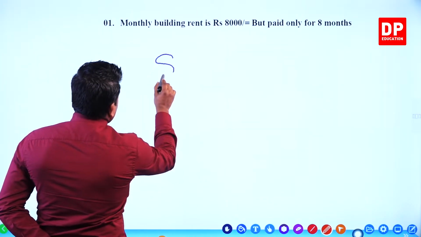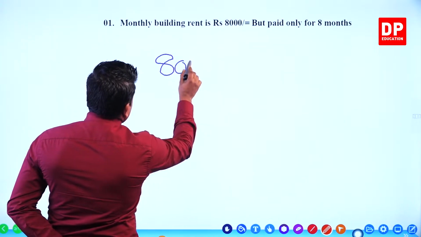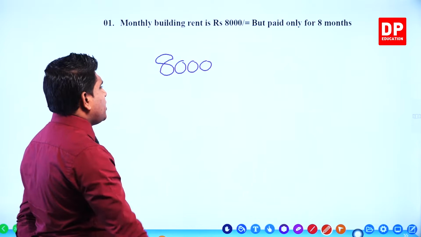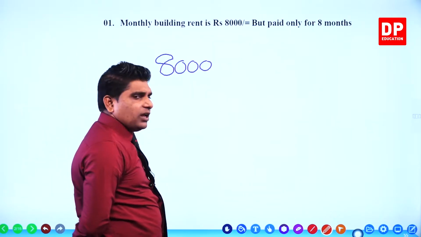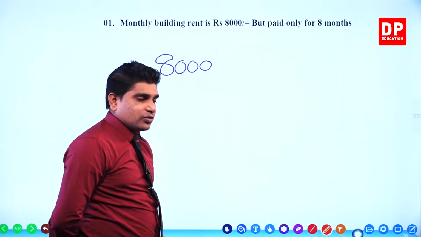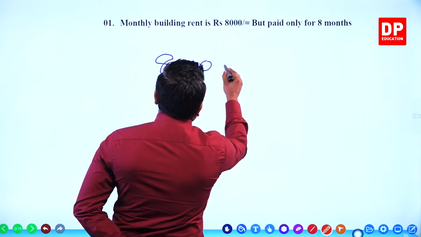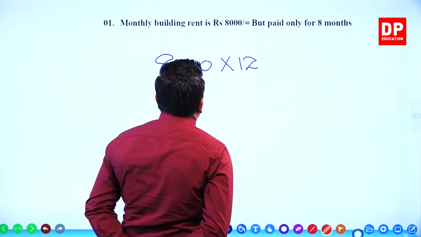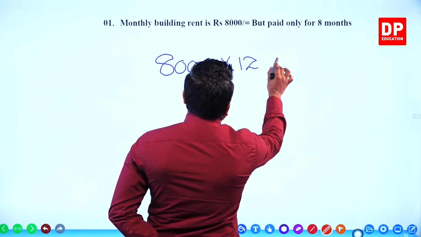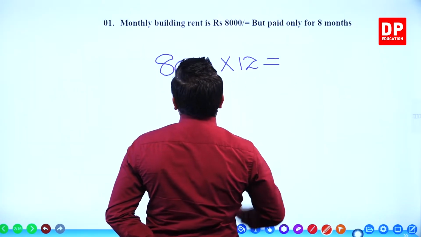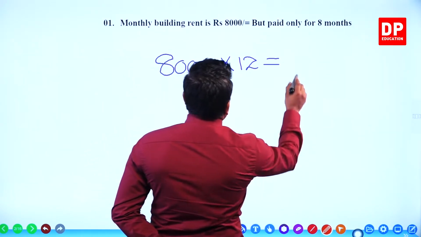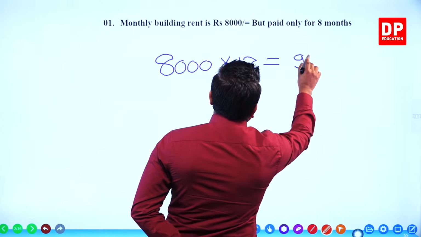Monthly rent is 8,000. Okay. How many months to be paid? Normally how many months? 12 months, no? Then times 12. Right? Then how much is the annual rent expense? This is an expense, right? Not the income, expense. How much? 96,000.